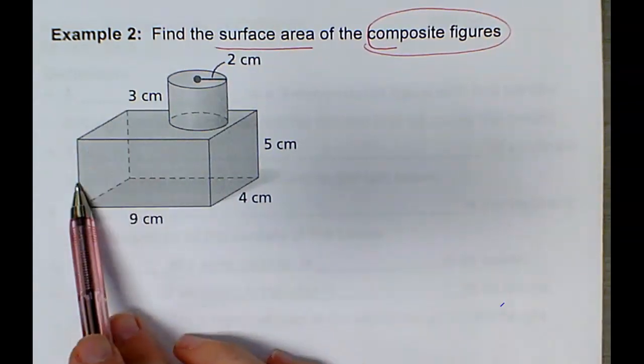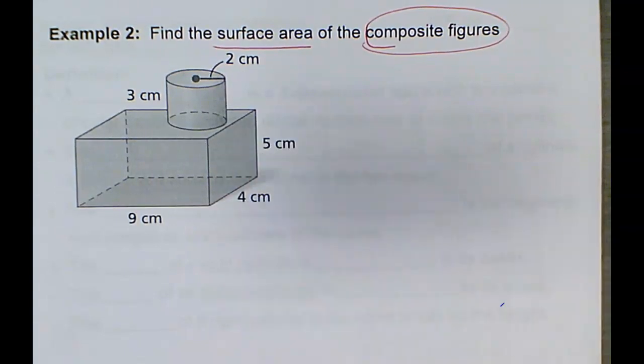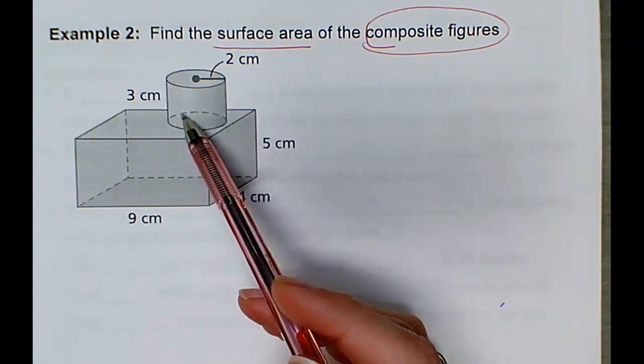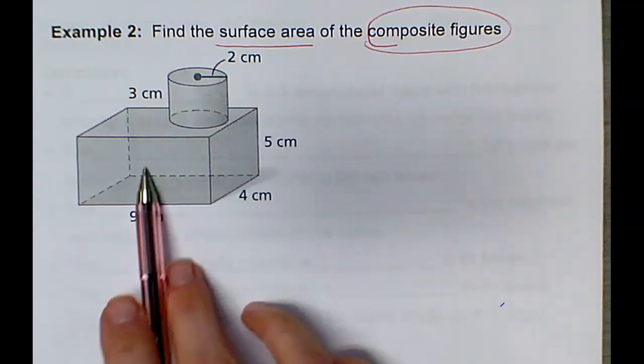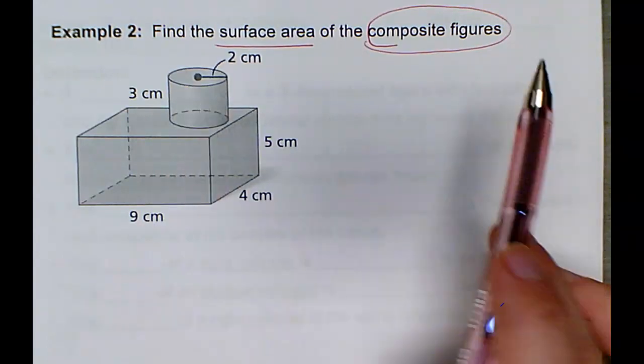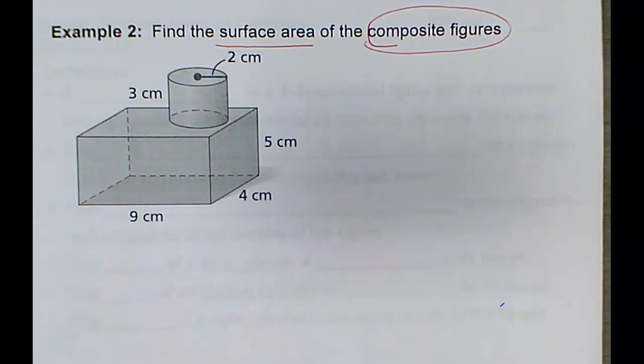It's made up of a box down here, a rectangular prism, and then a cylinder. But the key is, I don't want any overlapping pieces, and I only want the area of the surfaces that are on the outside. So I want you to pause your video, come up with some kind of plan that combines the surface area or the lateral area of your rectangular prism and your cylinder, and write it down.